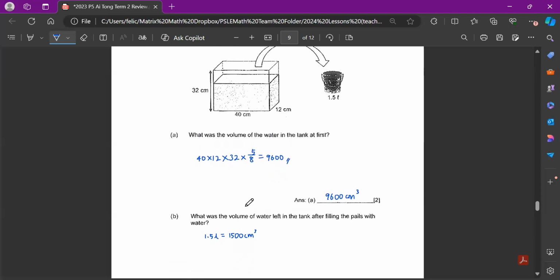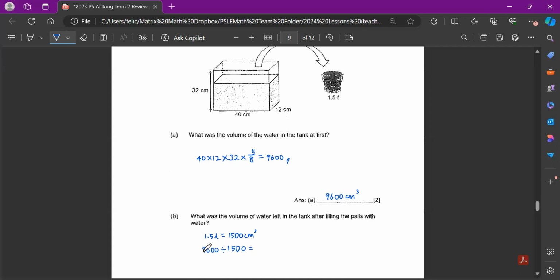So now if you want to find out the volume left, then obviously it means you have to do division. You have to take this 9,600, divide by this volume per pail. Now, of course, if you key in calculator, it will give you a decimal. So it will give you 6.4 pails. But the thing is, we can't write 6.4 because this answer represents number of pails, right?